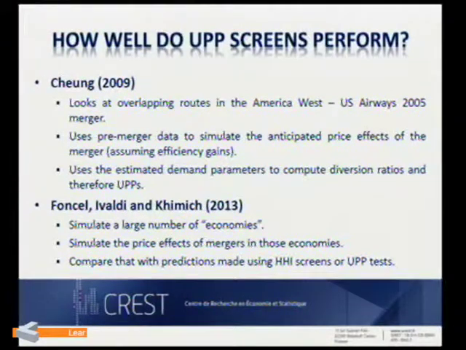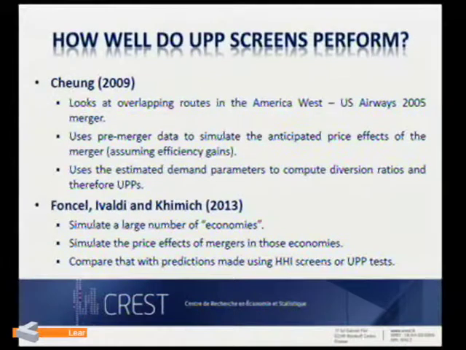I won't talk about Mark's paper, given that Mark will talk about that in a few minutes. So let me talk about one paper that looks at the performance of UPP screens based on real data from the America West US Airways merger. What that paper does is look at pre-merger data to anticipate the price effect.